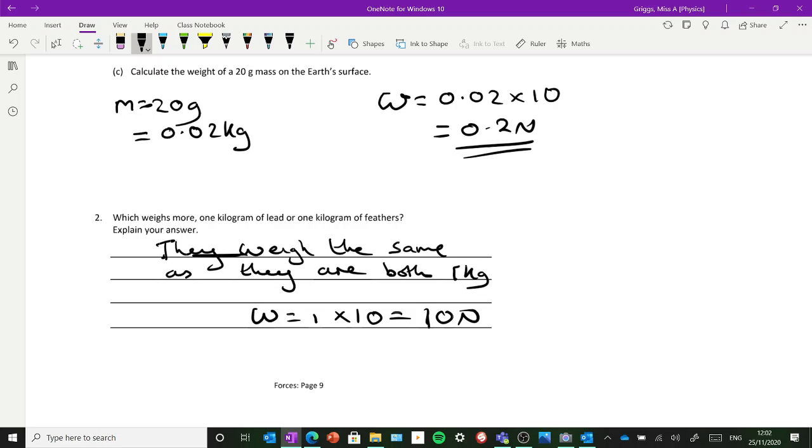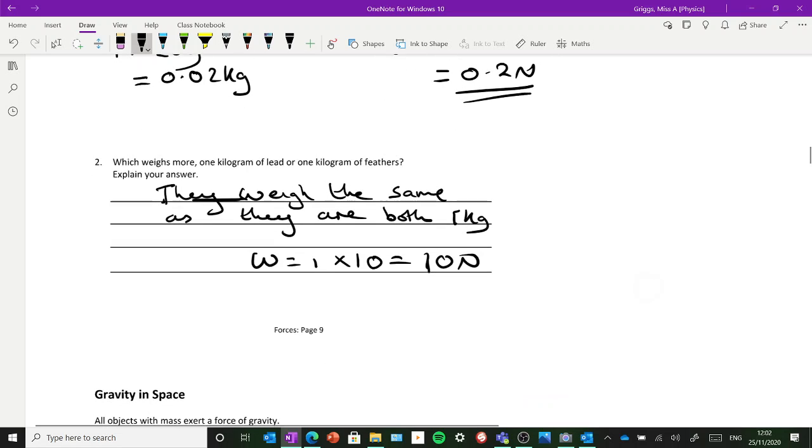If the mass is the same, the weight would be the same. And also, you think that one feather is a lot lighter than a piece of lead, but one feather is a lot less mass than a piece of lead.